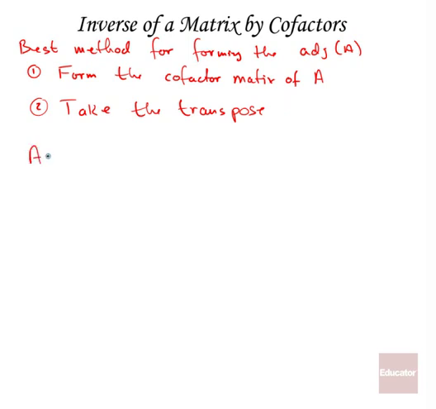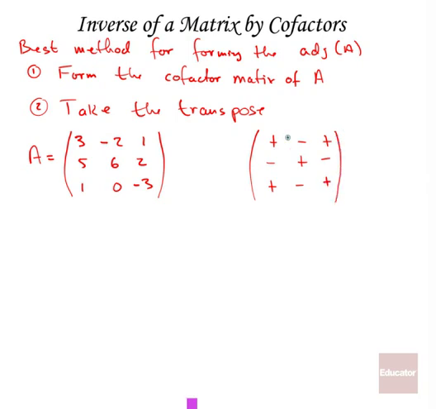So we have our standard matrix A. It is 3, -2, 1, 5, 6, 2, 1, 0, -3. Just to remind ourselves, I'll put the sign pattern: plus, minus, plus, minus, plus, minus, plus, minus, plus. Now we're going to find the cofactor for every entry, put them into a new matrix, and then flip it.